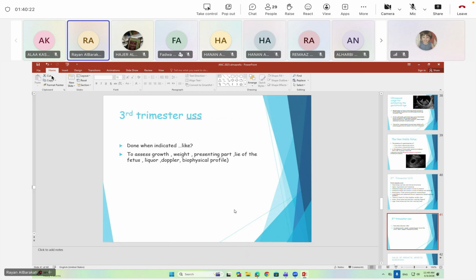Or if you want to make sure that this fetus is healthy and is having a normal growth, you can do 2 ultrasounds to check the weight gain and the growth. You can also do something called the biophysical profile. And in cases when you are doubting that the presenting part is cephalic, or you're doubting that the lie of the fetus is longitudinal.